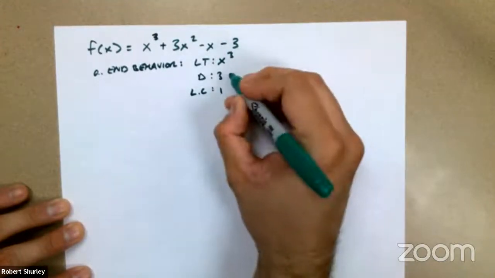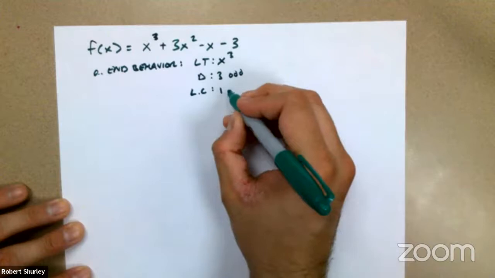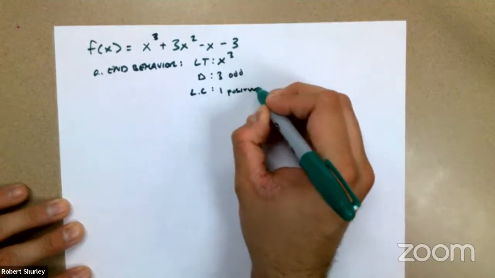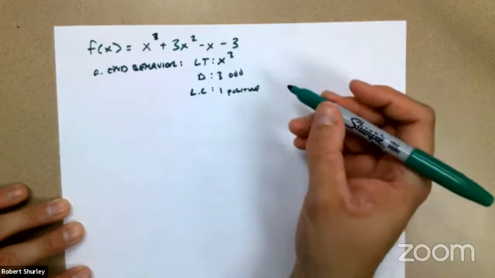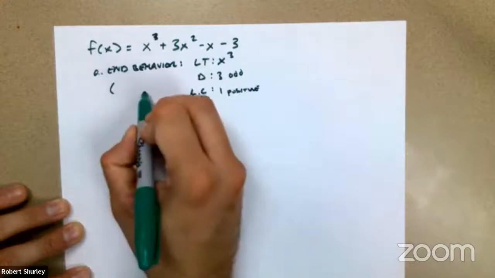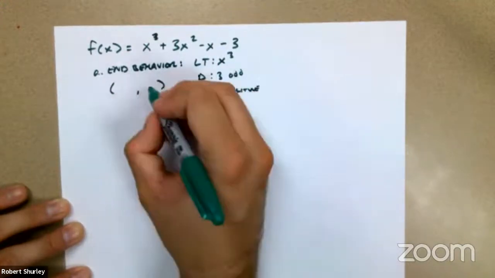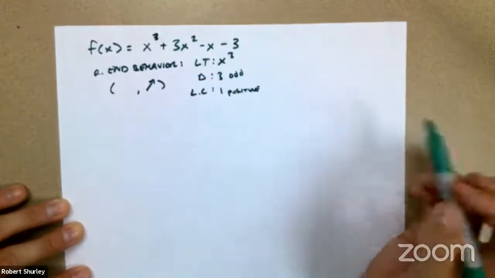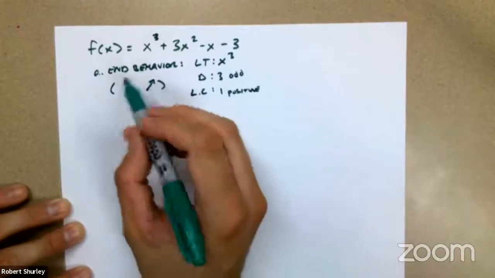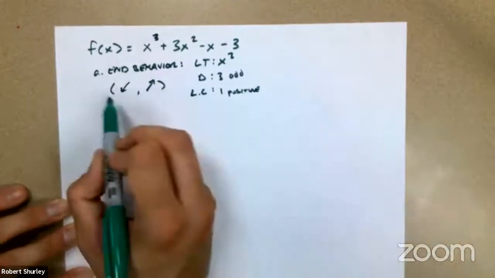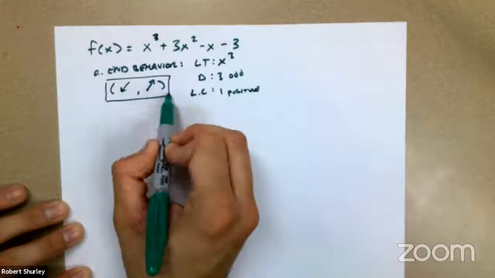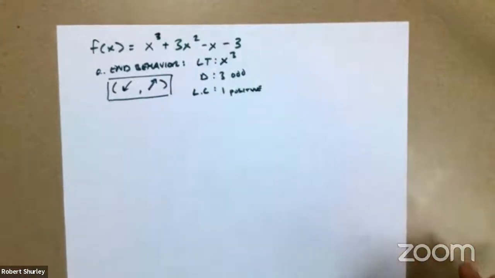Odd degree and positive leading coefficient tell me the end behavior. Since it's positive, it's going to go up and to the right, and because it's odd, it's going to be opposite, so it goes down and to the left. So this is my end behavior for this graph. I haven't graphed it, and I know the end behavior. Kind of cool.